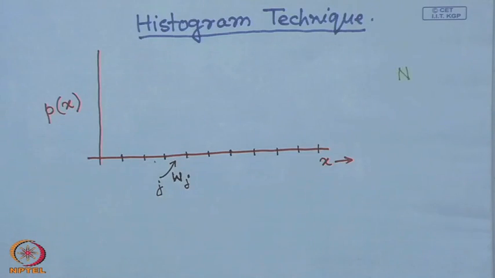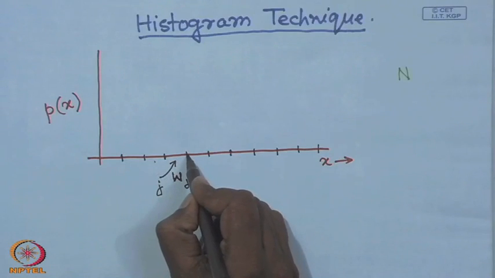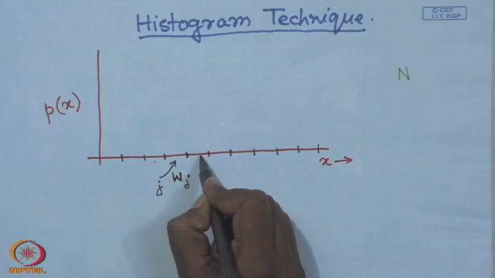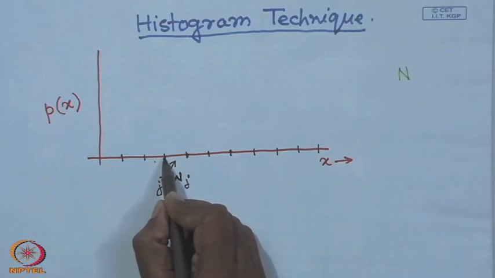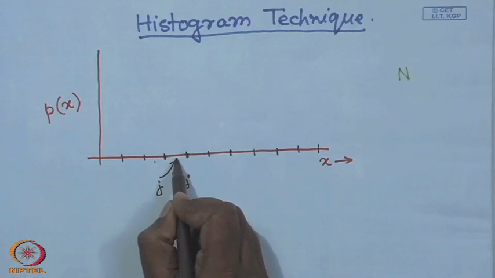To avoid such ambiguity, conventionally, whenever a sample falls on the boundary, it is considered to belong to the interval to the right of it. So, if I have a sample falling over here, I will consider that it belongs to the j plus first interval. If I have a sample falling over here, I will consider that sample to belong to the jth interval.